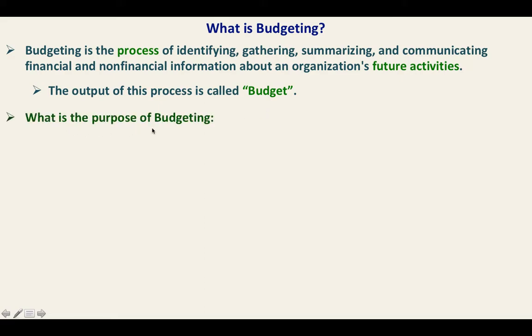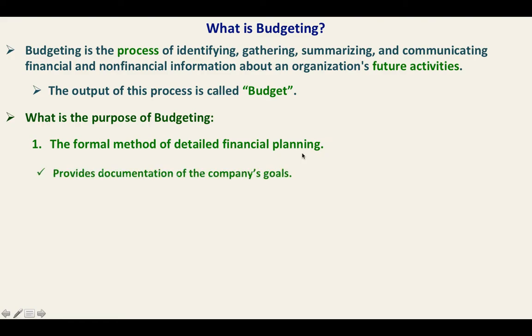So, what is the purpose of budgeting? First, it is the formal method of detailed financial planning. When we speak of financial planning, we mean documentation of the company's goals. So, let us look at the primary company's goal. The goal of the business is profit.